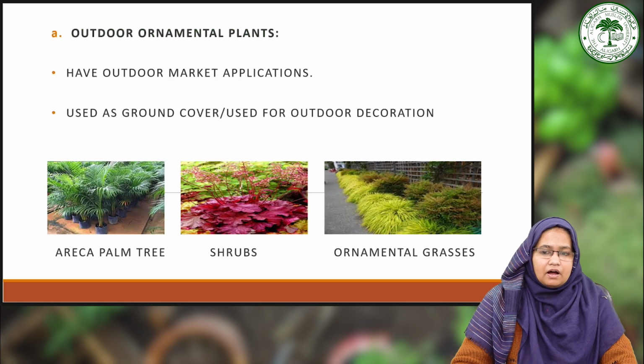Outdoor ornamental plants have outdoor market applications, used as ground cover or for outdoor decoration like areca palm, shrubs or ornamental grasses. These plants are either trees, shrubs, seasonal annuals and perennial plants, and may be ornamental grasses.